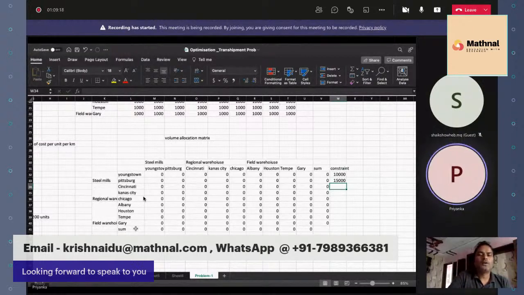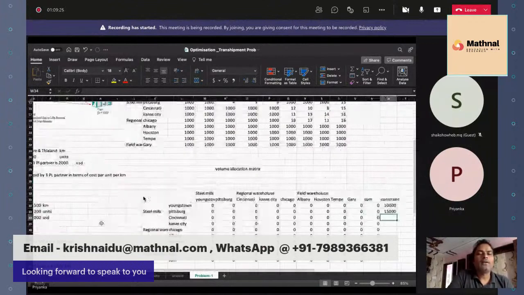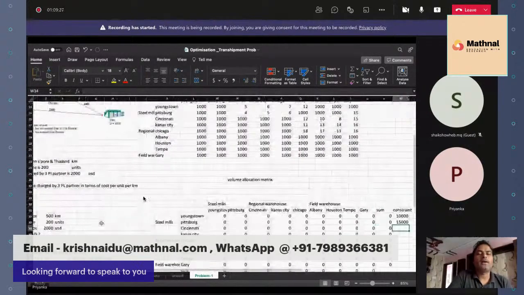destination points, the field warehouses. How many field warehouses do we have? We have 4 field warehouses, right? Albany, Houston, Tempe, and Gary.